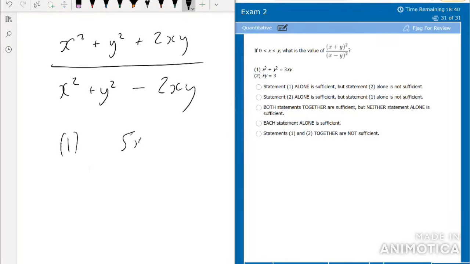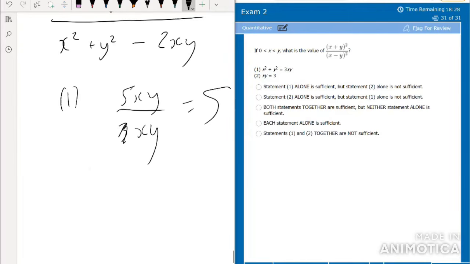So we can say that we've got 5xy. Oh, well, okay, there we go. I'm completely wrong. 5xy over 3x, just xy, which is just 5. Fine. xy equals 3.